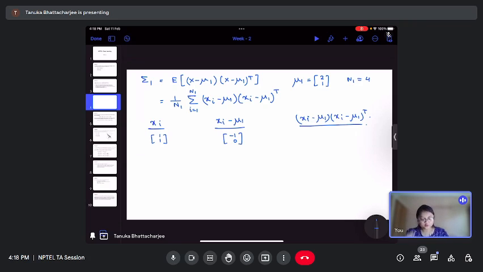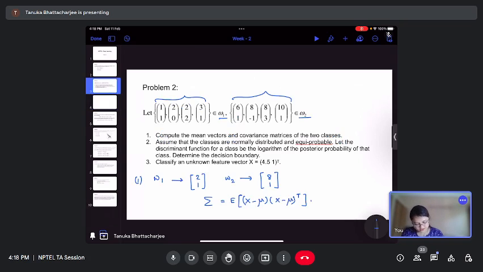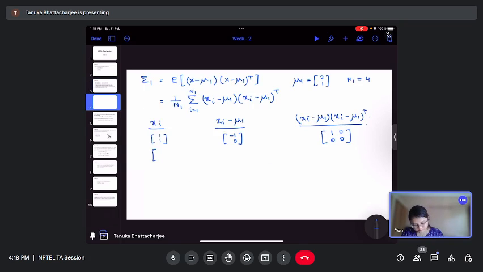Now, if you do (-1,0) into (-1,0) transpose, what we will get is [[1,0],[0,0]]. Similarly, the next sample we have is (2,0). After subtracting the mean, we get (0,-1). Now, you have to do (0,-1) into (0,-1) transpose. So, you will get [[0,0],[0,1]].